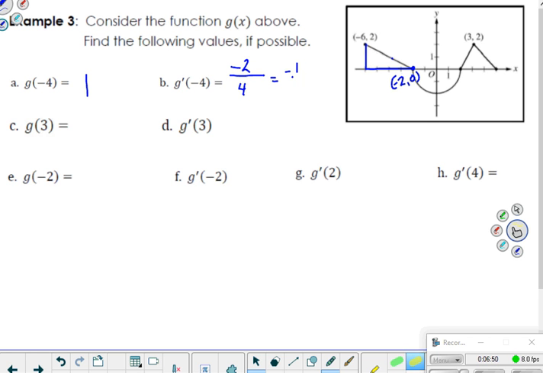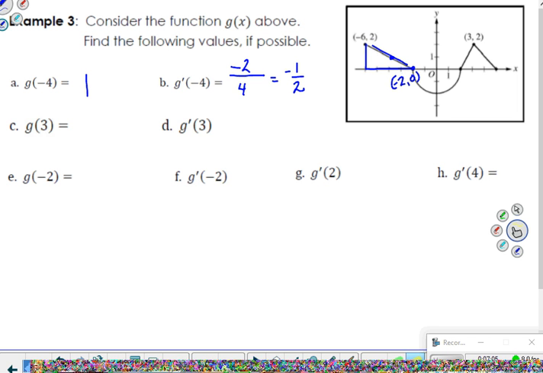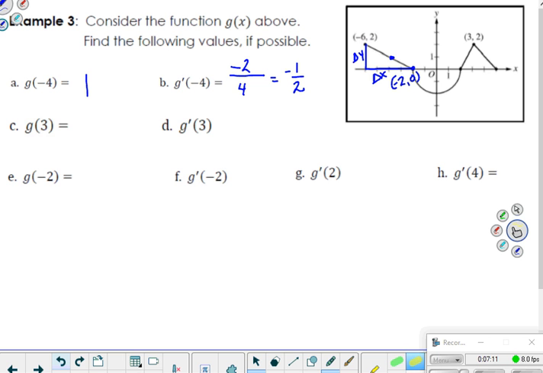Looks like I get a -1/2. It's a nice linear function at that point. So finding the tangent line at -4 was easy. It just followed the line perfectly. So then I just used the change of y over change of x idea to get that particular slope.